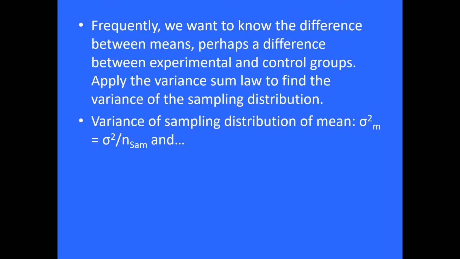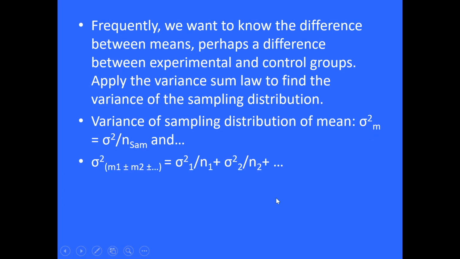So this is what we had before: the variance of the sampling distribution of the mean is equal to the standard deviation divided by the square root of n, squared. We can square all that and get the variance.